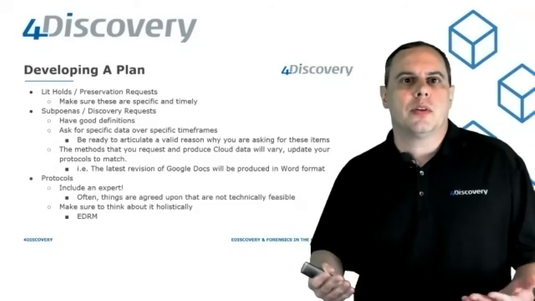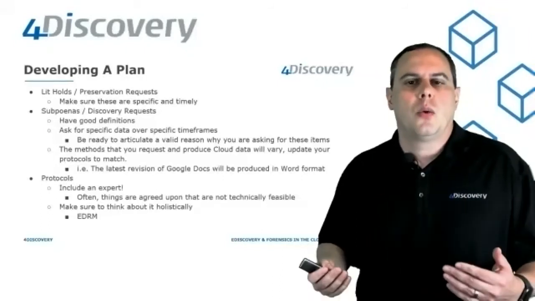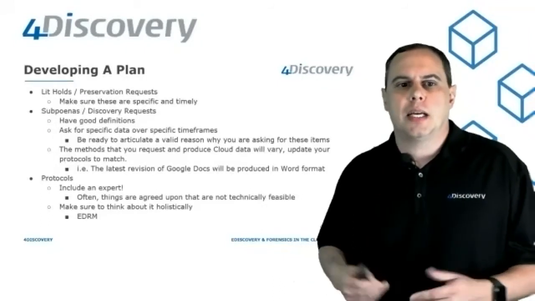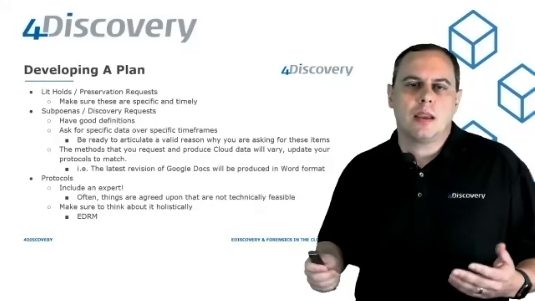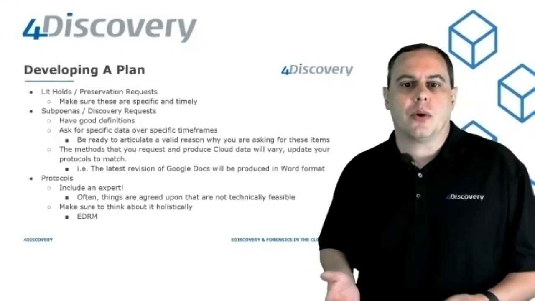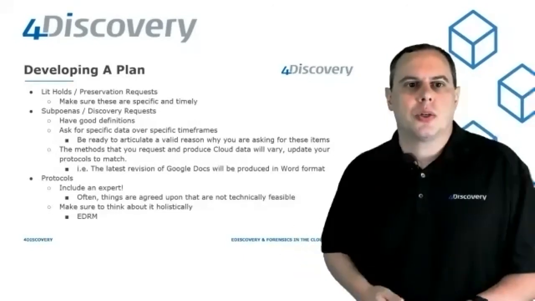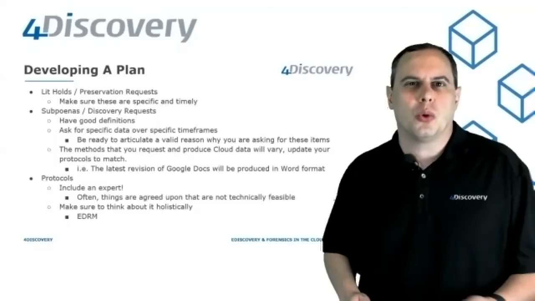So there'll be different information in different file types depending on how you're actually downloading and producing that data. If you have questions, obviously, reach out and ask somebody, because there are things that aren't technically feasible. And just think about your cloud collection and preservation as part of a more holistic plan.